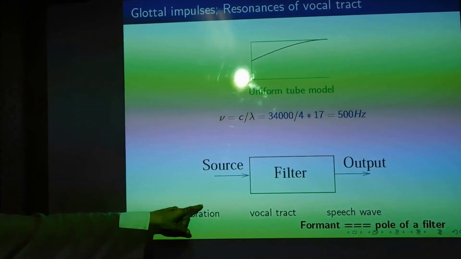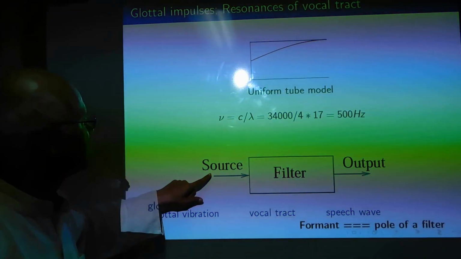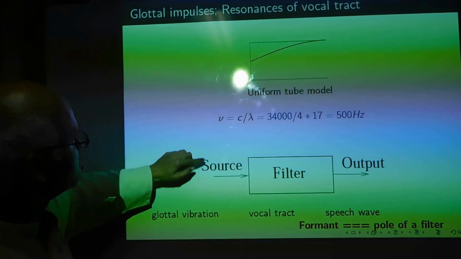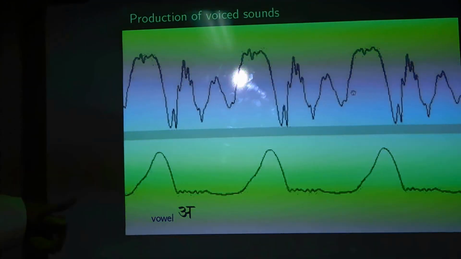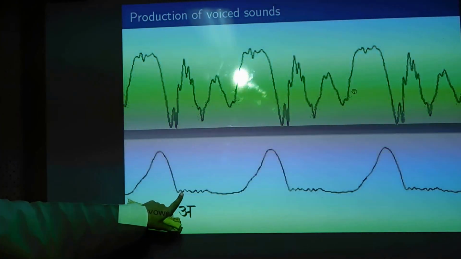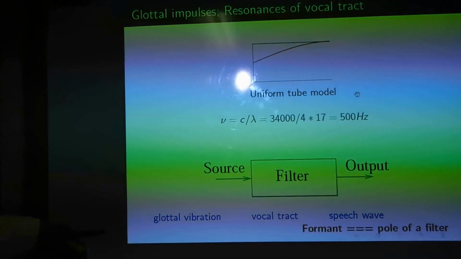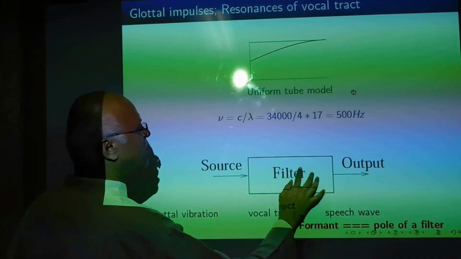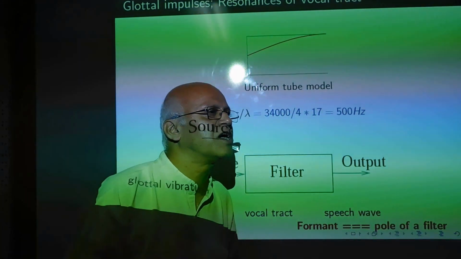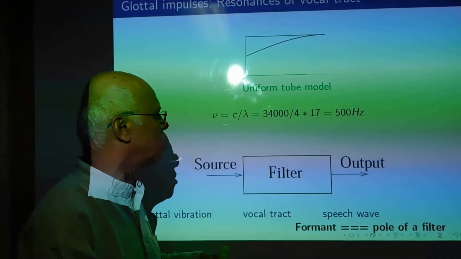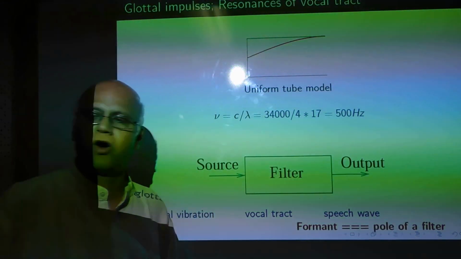Of course, we engineers model it as a digital filter. There is a source of excitation, that is the lower graph on this curve, and the output comes as the speech waveform, and we model this as a filter. And since the resonances are more important, we quite often model it as the poles of a filter.